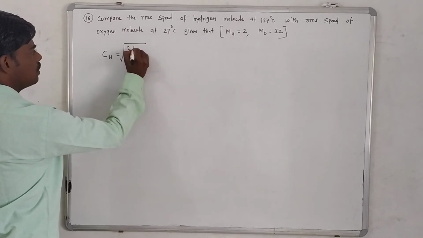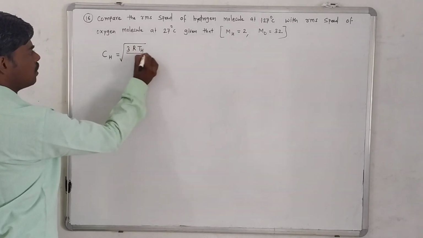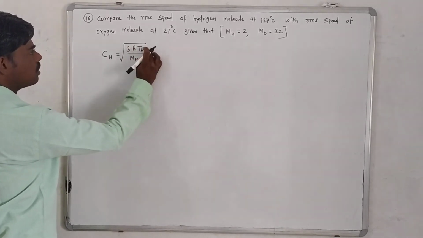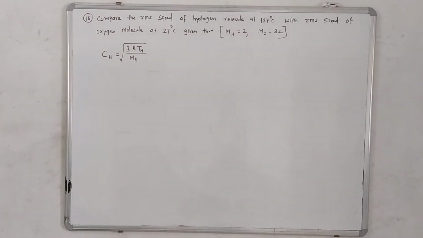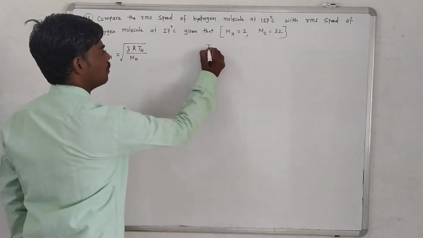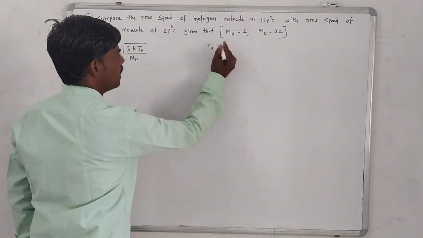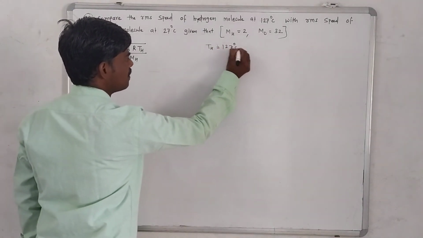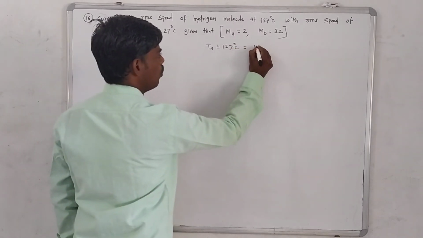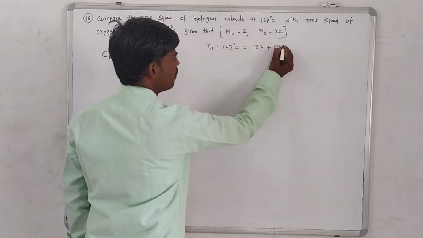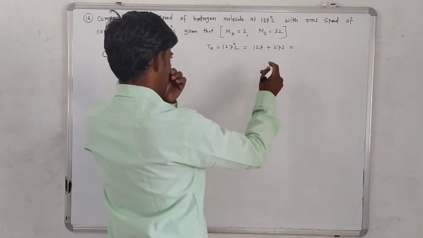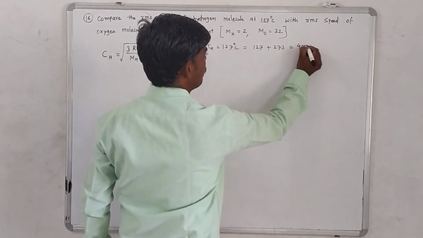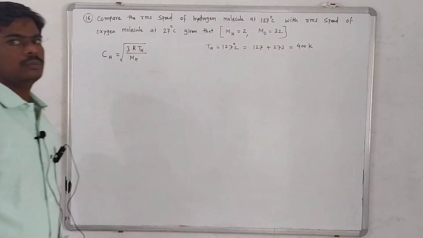Under root 3RT_H upon M_H. T_H represents the temperature of hydrogen. It is 127 degrees Celsius, which means 127 plus 273. So it becomes 400 Kelvin.